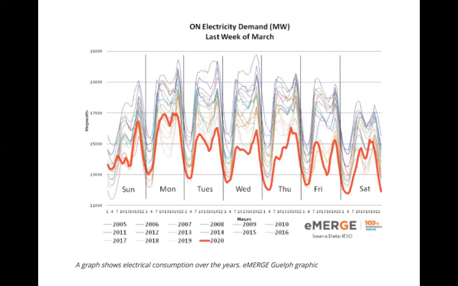I've been seeing lots of news articles about changes since there's been mandatory closure of non-essential businesses and industries to prevent the spread of COVID-19. There have been some good changes and some bad changes, but I noticed that our electrical energy consumption in Ontario was the lowest in 15 years.